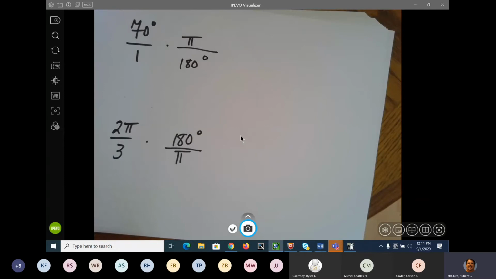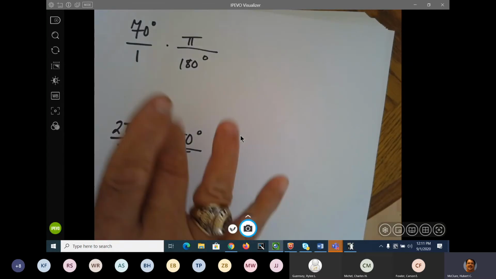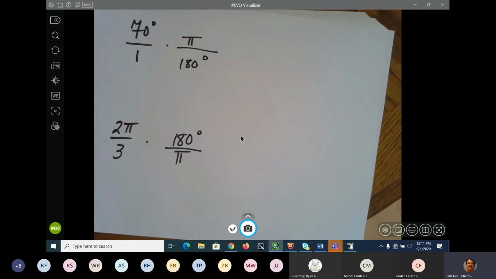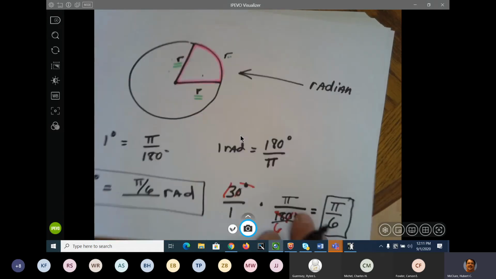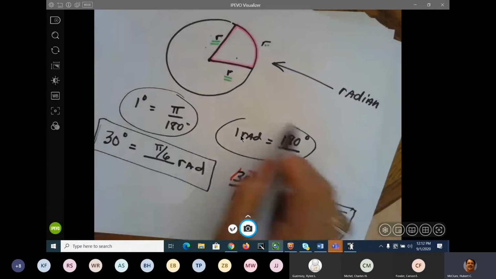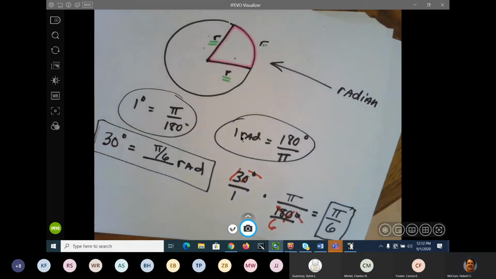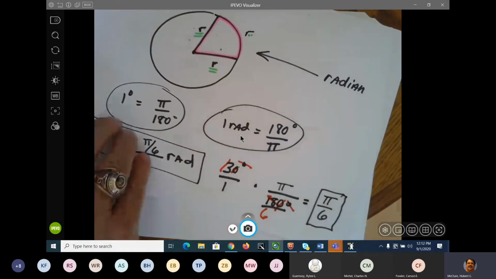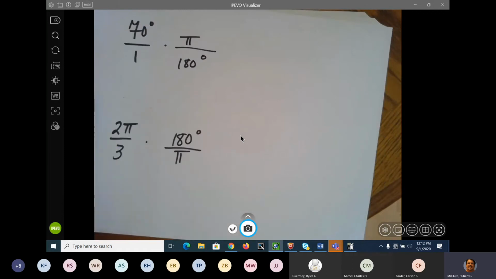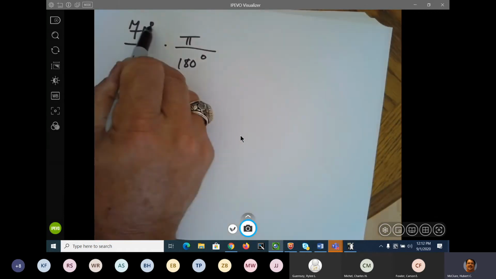You'd be surprised how many people go through Trig and the teacher does not show them that relationship. They do it the hard way, and then the student is confused by the way it's written. All you got to remember is try to cancel out what you're given. Here, I was given degrees.